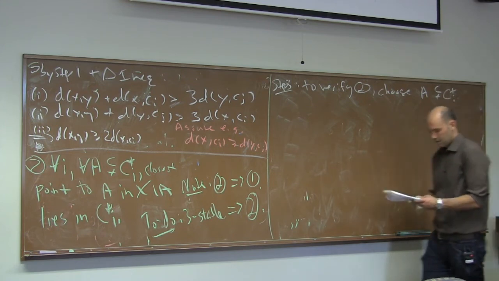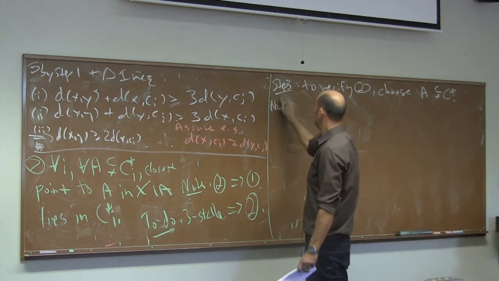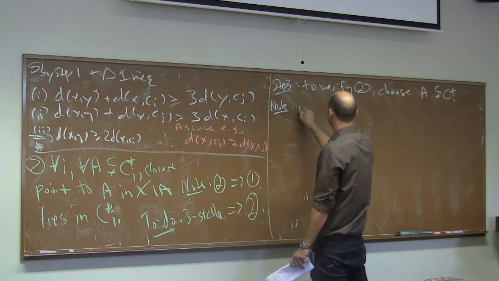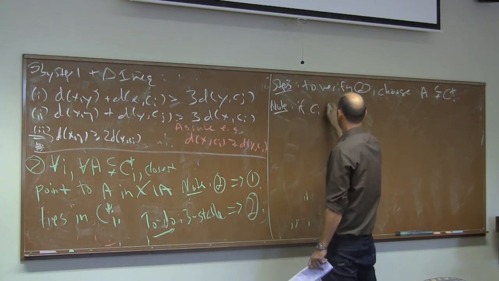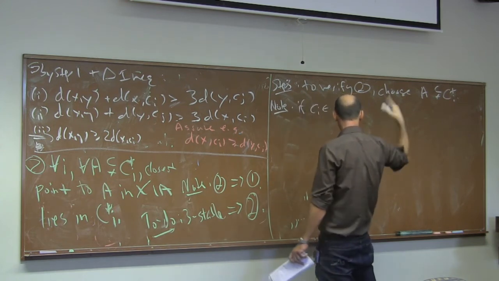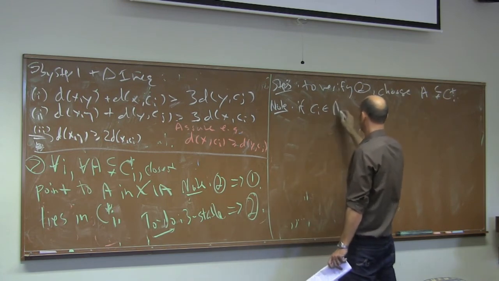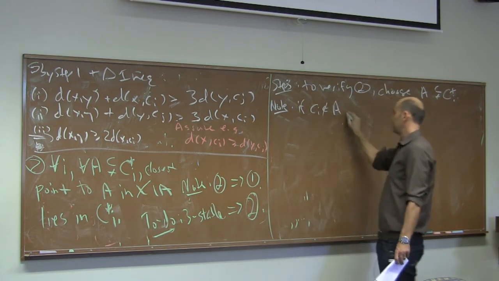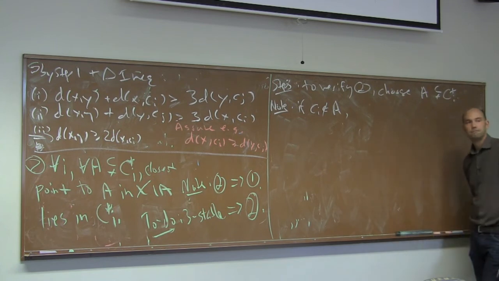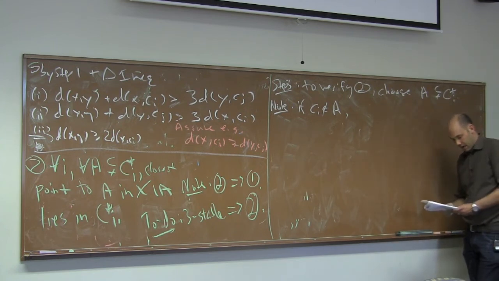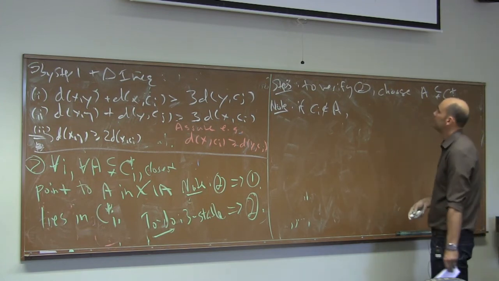First thing to note, suppose the optimal center of this optimal cluster is not in A. Then I claim we're done by step 2.